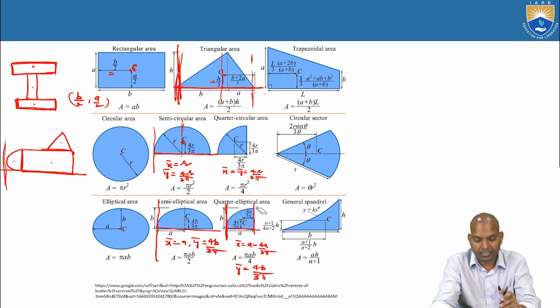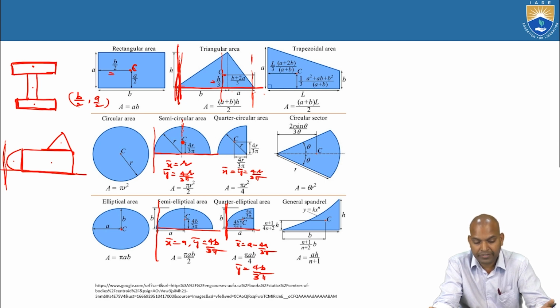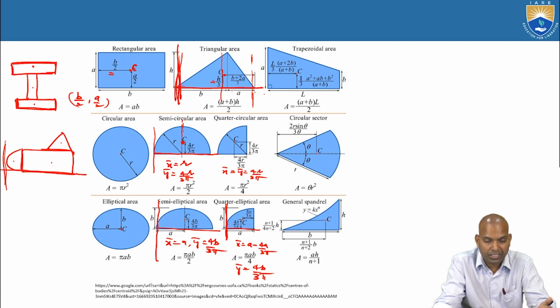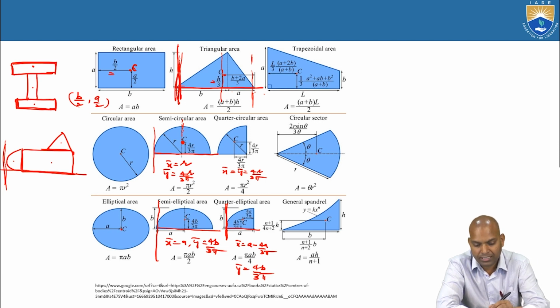Here we consider the reference axes as the extreme left vertical axis and the extreme bottom horizontal axis. Throughout the session we consider it like this so that we can solve problems and calculate the centroid of various plane figures.